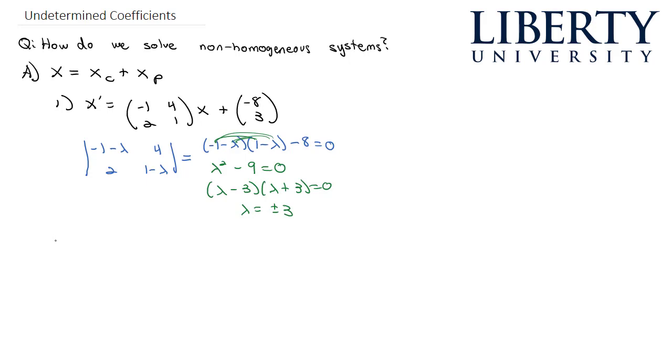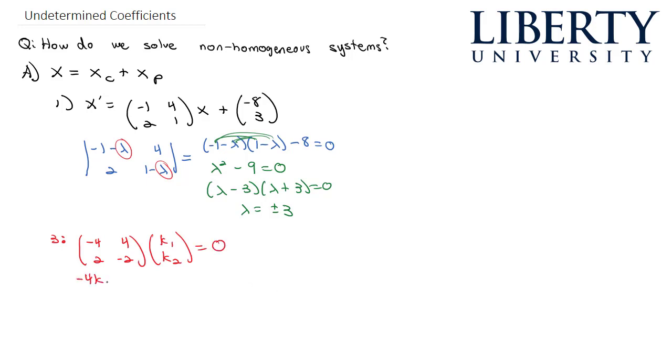Taking a look then at an eigenvalue of 3, we plug into our lambdas the 3 to get -1 minus 3 is -4, 4, 2, and 1 minus 3 is -2, times our eigenvector k1, k2 needs to equal the 0 matrix.